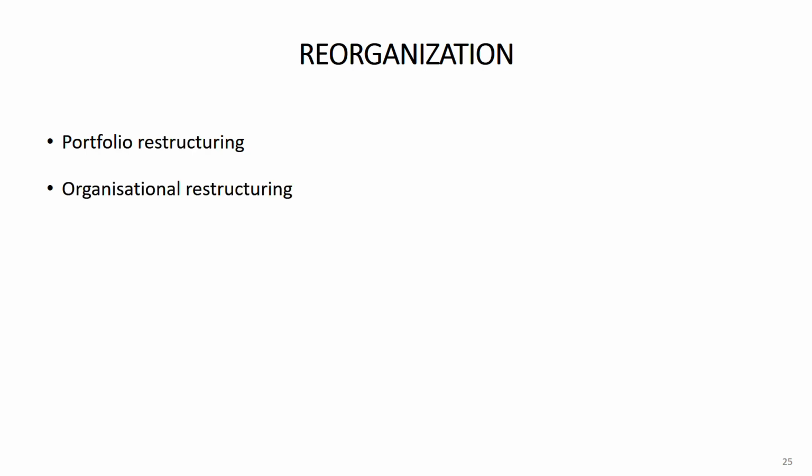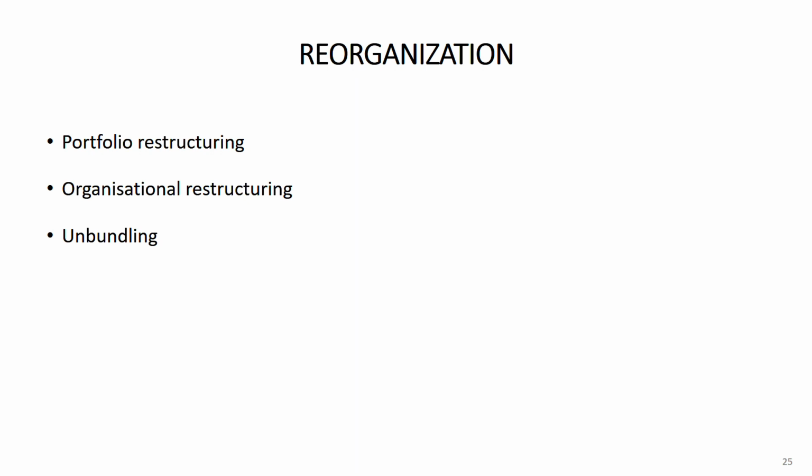What is portfolio restructuring? Portfolio restructuring consists of changes in the mix of assets owned by the firm or the lines of business, right? One form of portfolio restructuring is unbundling. We all know what bundling is, right?